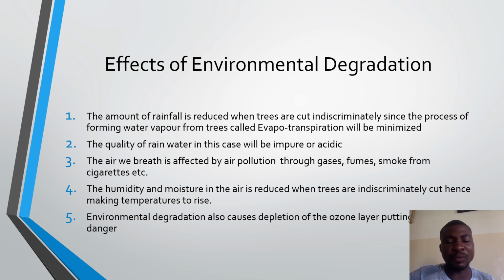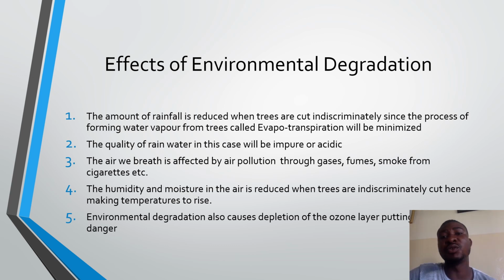Here we are saying that when trees are cut down, the rain that falls turns acidic or impure, and it reduces the quality of rainfall.